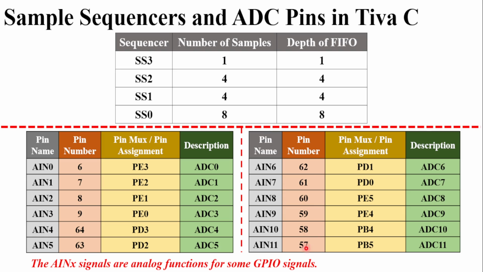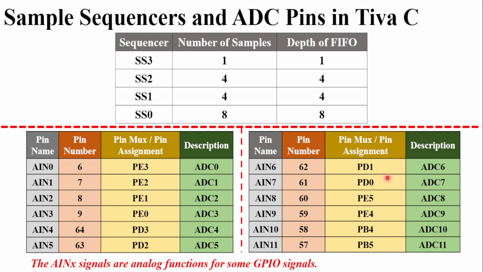So these are the physical pins of the microcontroller, and these pins are connected to port E, port D and port B's input terminals. So remember, port E, port D and port B's pins support the ADC conversions, also known by the name ADC 0 to ADC 11.